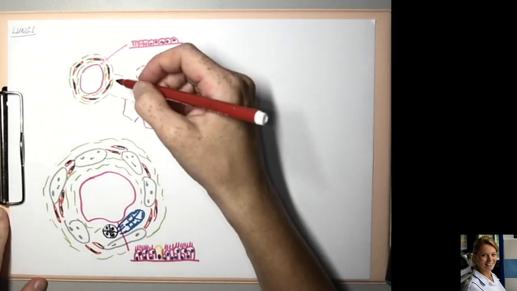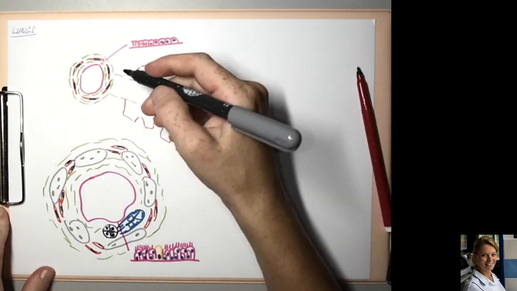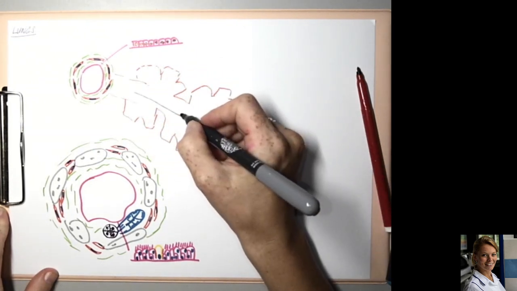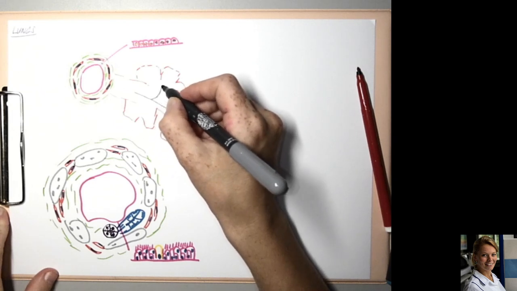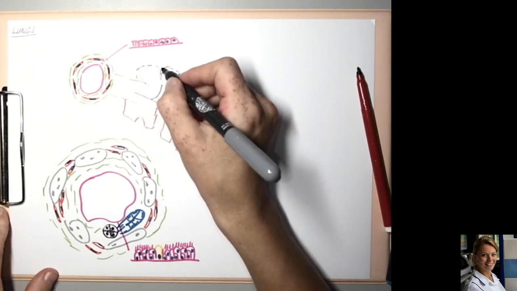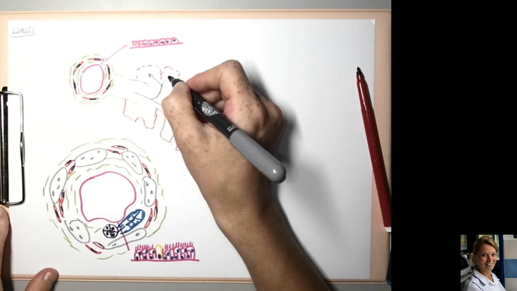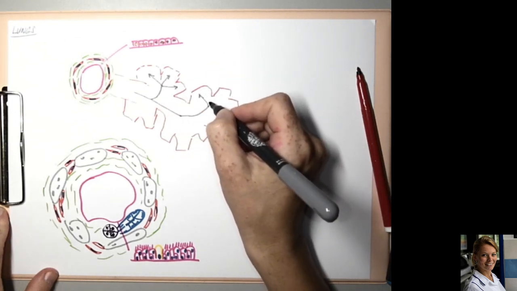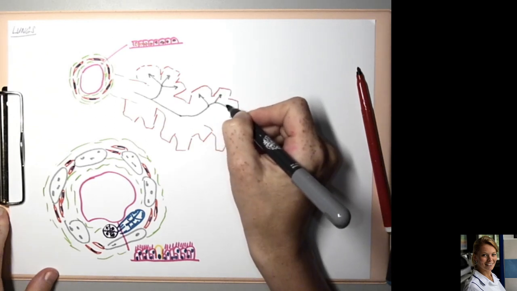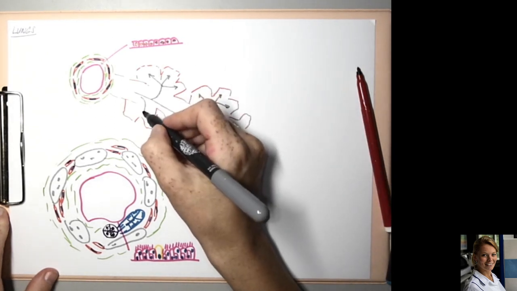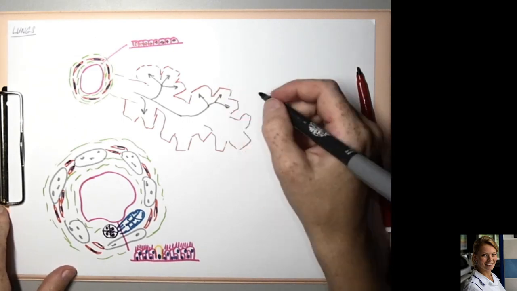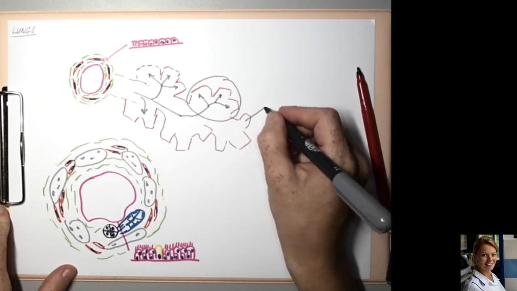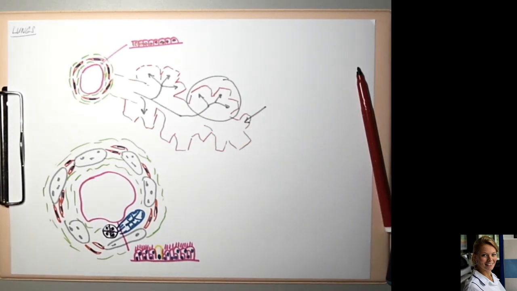So this is the alveolar duct. The air continues into the alveolar sac and individual alveoli. So this is the sac, and here are alveoli.